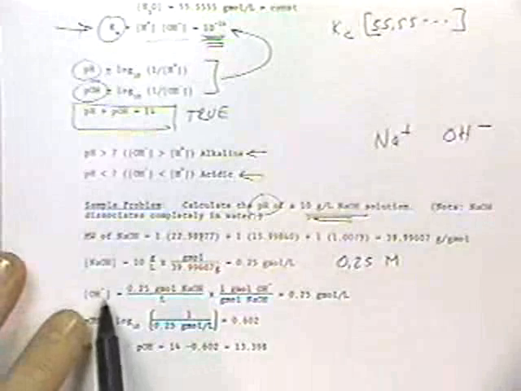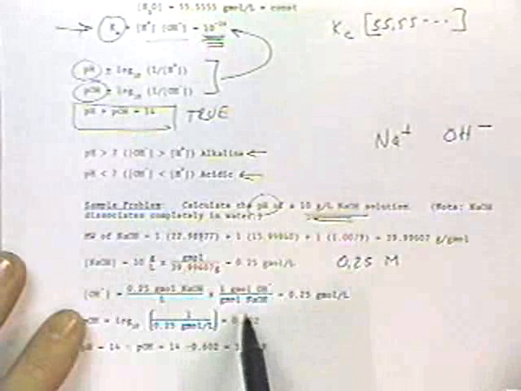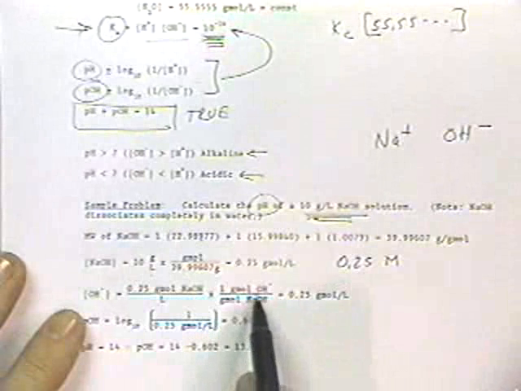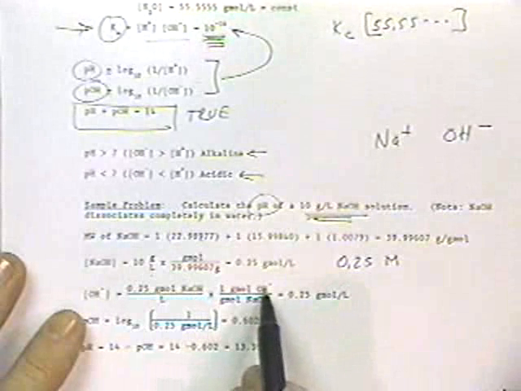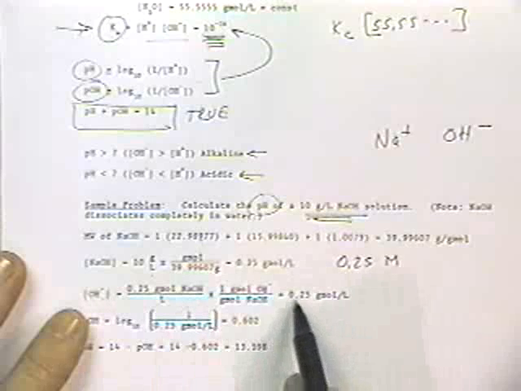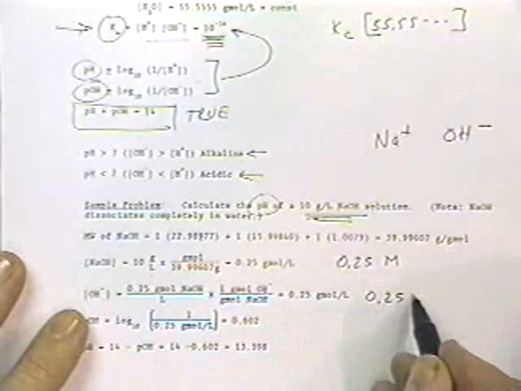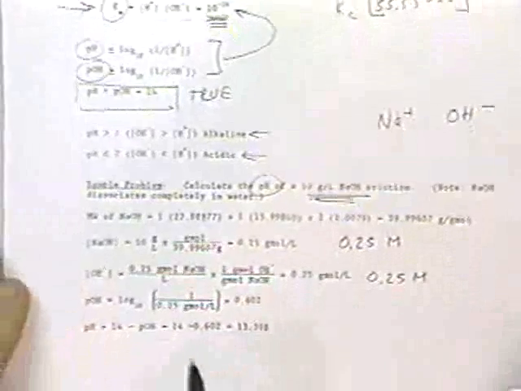Then we look at the hydroxide concentration. We said that it completely dissociates, so for every gram mole of sodium hydroxide, there's 1 gram mole of hydroxide ion. So the hydroxide ion concentration is also 0.25 gram moles per liter, or 0.25 molar.